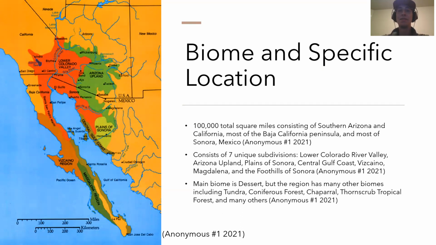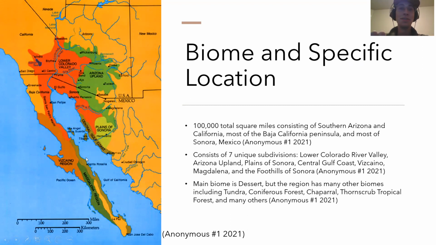Then there's the plains of Sonora, the Central Gulf Coast, the Vizcaino, Magdalena, and the foothills of Sonora, which you can see in this map right here. The Lower Colorado Valley and the Arizona Upland are the only sections that are in the United States, and the rest is, like, the plains of Sonora is down here in the state of Sonora.